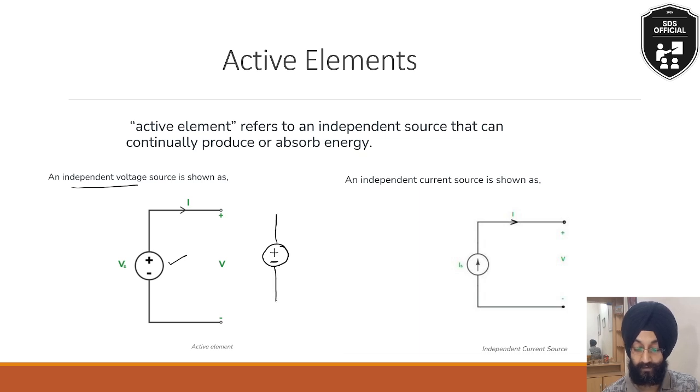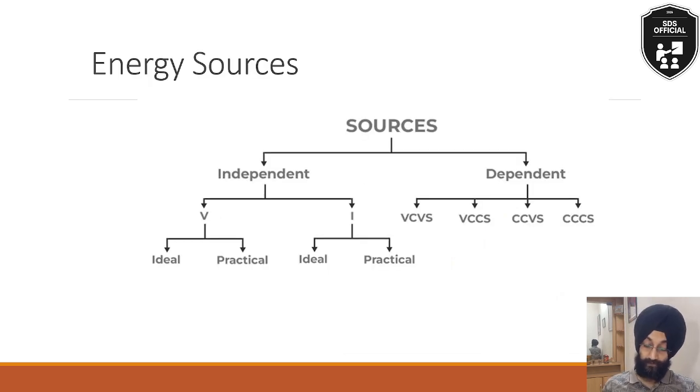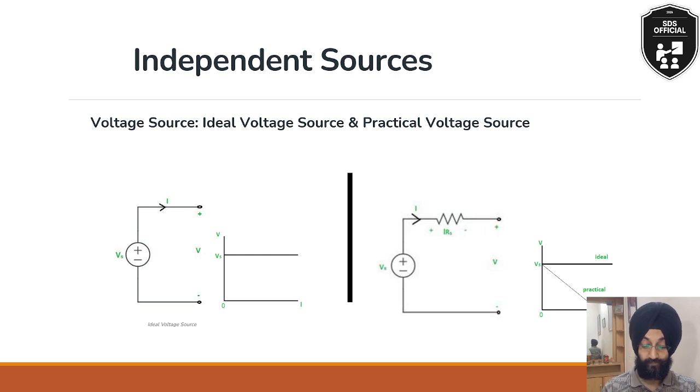So this will be independent voltage source. Similarly, if we mark an arrow within this circle, it will be an independent current source. Okay, so these are independent voltage sources, and this is the graph of ideal source.